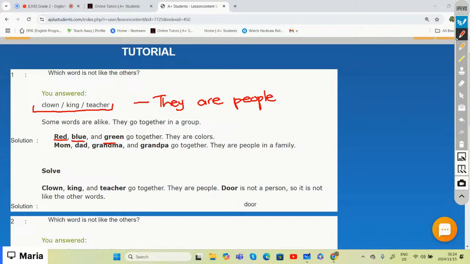As much as we have a clown that does clowning, a king, who is like your ruler, and a teacher, who teaches you and so on, those words basically tell us that all of them are people. All right, let's go on.